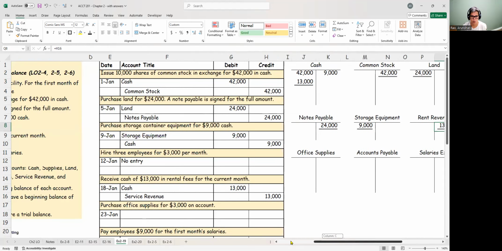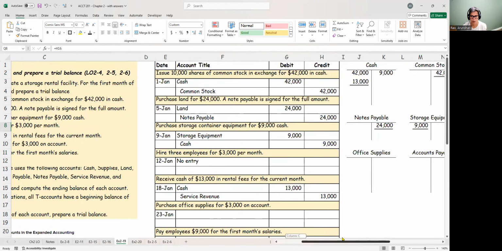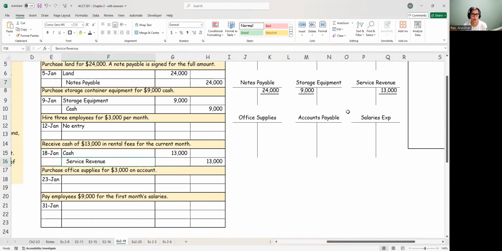Just to make sure, what's the account name they've asked us to use? Service revenue. Okay, so I will change this to service revenue so I can be consistent with what the exercise asked me to do. Let me spell that correctly. Service revenue, 13,000 credit. I did that correctly over here, but I had the wrong name, so I was just trying to be consistent.